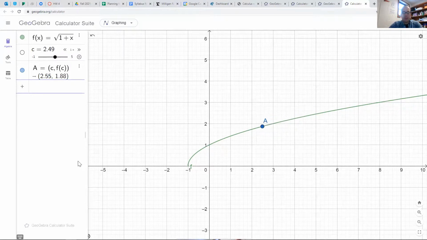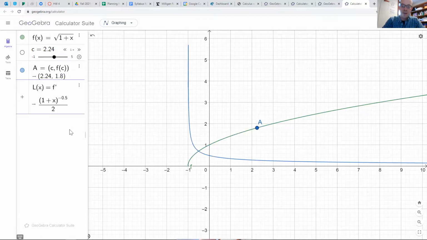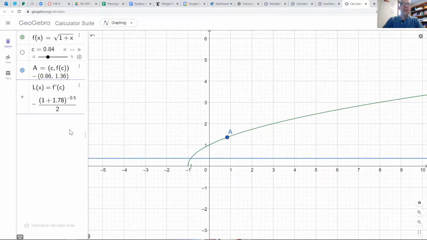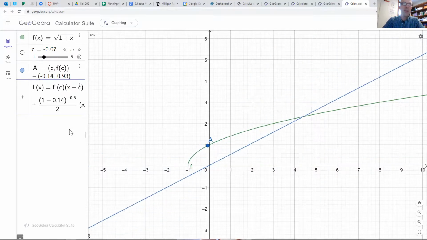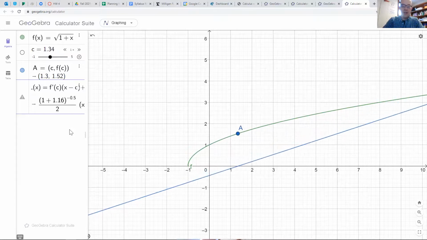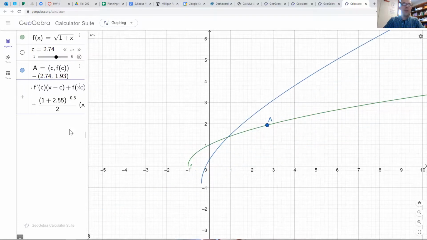honestly, GeoGebra is smart enough to be able to write f prime and know that you want to take a derivative. So it is really just as easy as saying that we're going to make a new function. We're calling it L of x. And then we're going to do f prime evaluated at c times x minus c plus f of c, the y value.